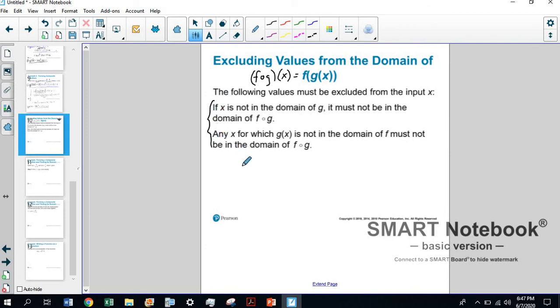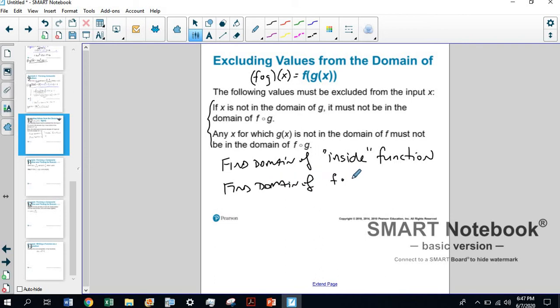But the way you really end up doing it is you find the domain of g, the inside function, and then you find the domain of the final function. And then you put them together. These two go together. Okay, so let me show you what I mean by that.